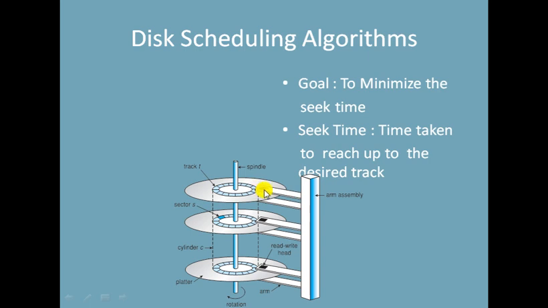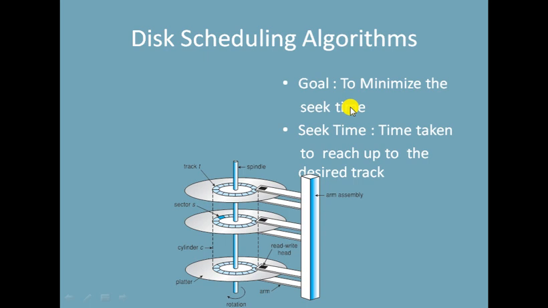So the head moves from its current position to the particular track where your data is. That is called seek time. So the main goal of disk scheduling algorithms is to minimize the seek time.